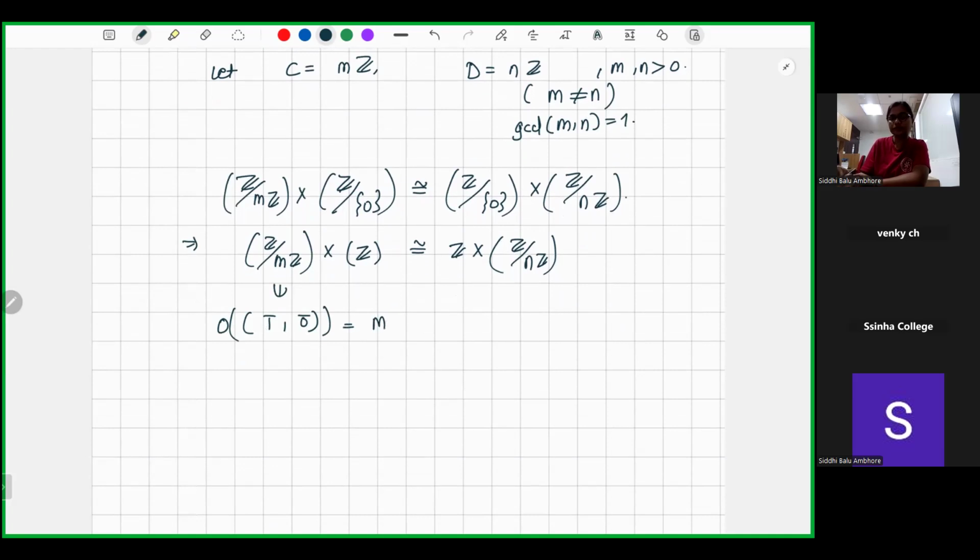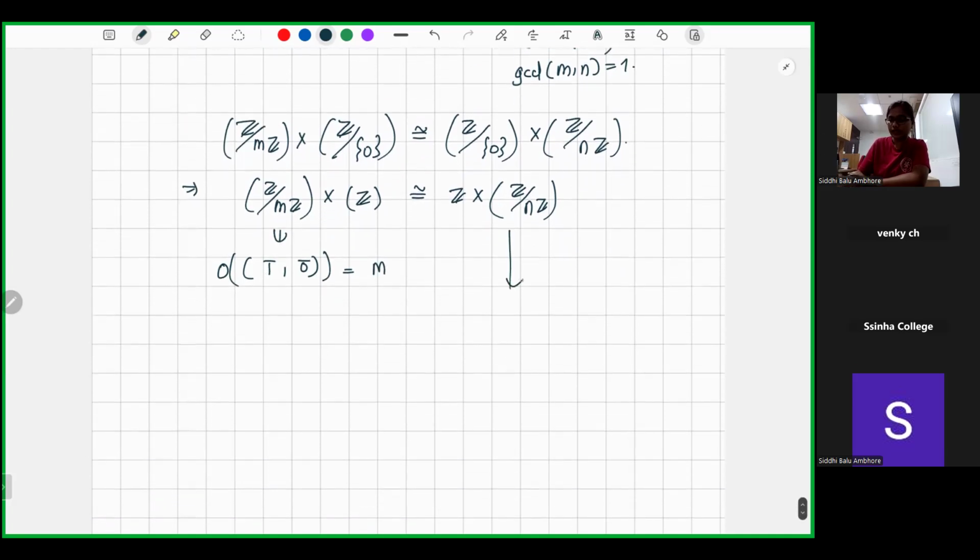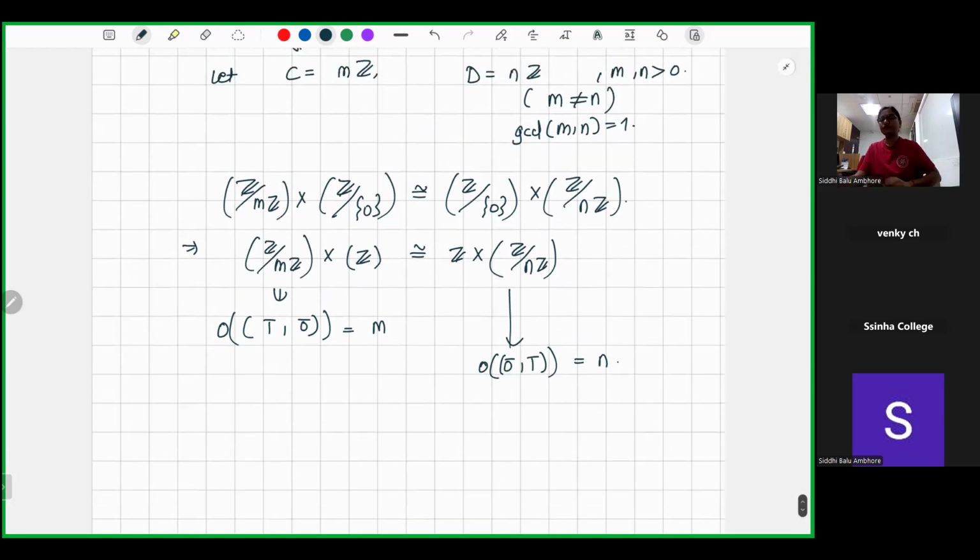This will be m. And here, the order of 0 bar comma 1 bar will be n. And if I have m strictly less than n, then can the other group have any such element?